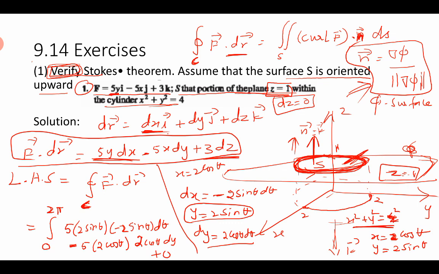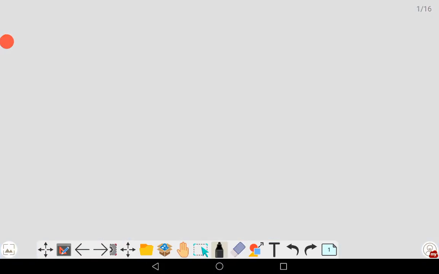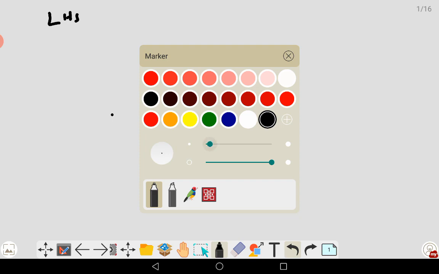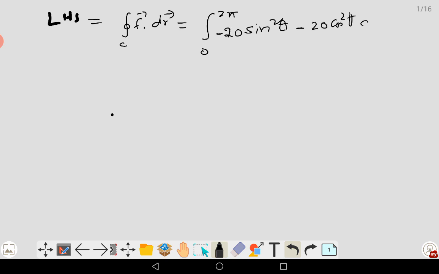Now we evaluate this on another sheet. What we have done on the left hand side, the integral over C of F dot dr, we got the integral from 0 to 2 pi of minus 20 sin square theta minus 20 cosine square theta d theta.